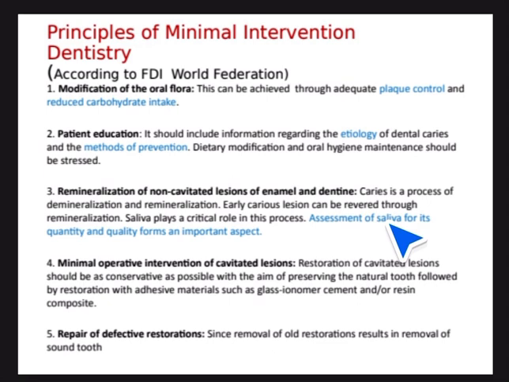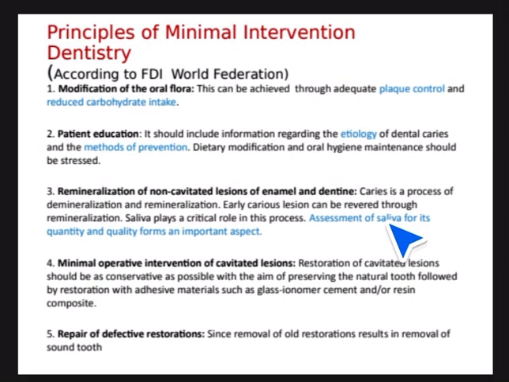So you use saliva to remineralize the enamel.